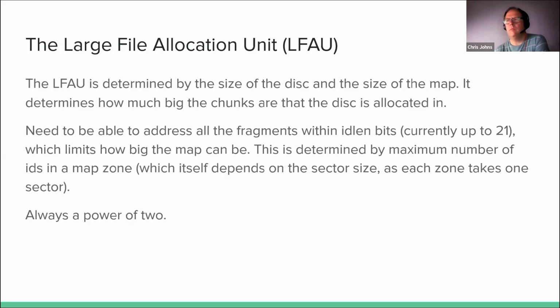Basically means you can feed that into a shift to get the value you want, and you can store a lot more things in one byte if it's a log2 rather than the actual value. So that's kind of where the LFAU comes from. I spent many a frustrating moment looking at code trying to work out how to generate it. We can come back to that.